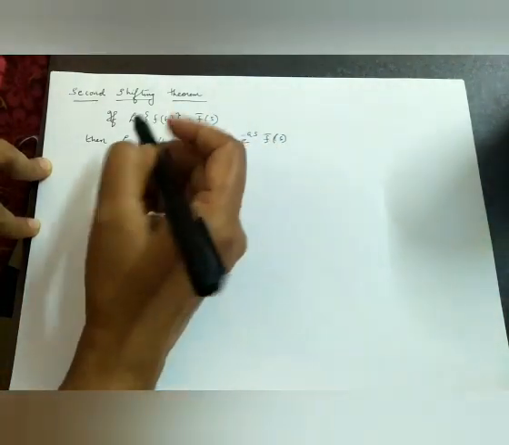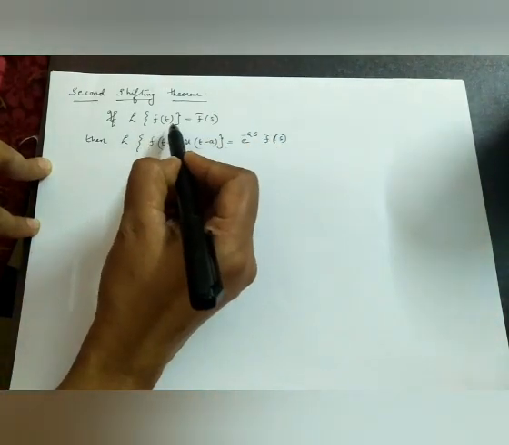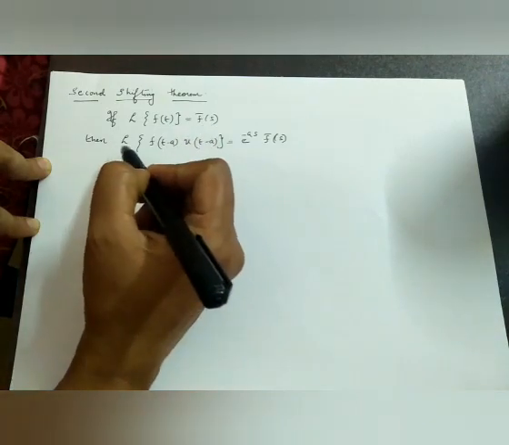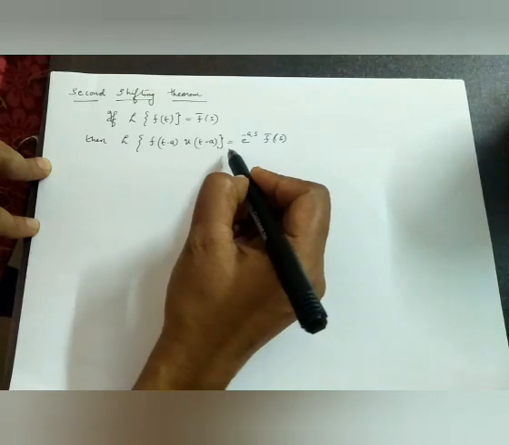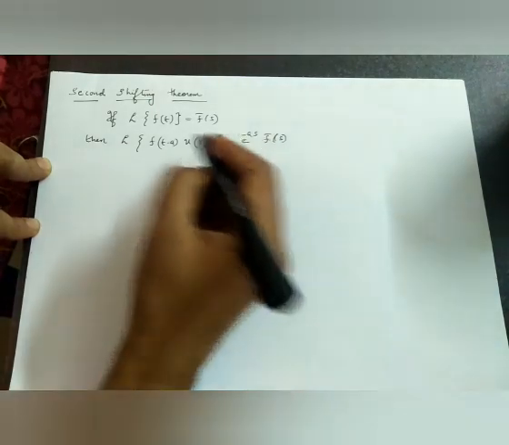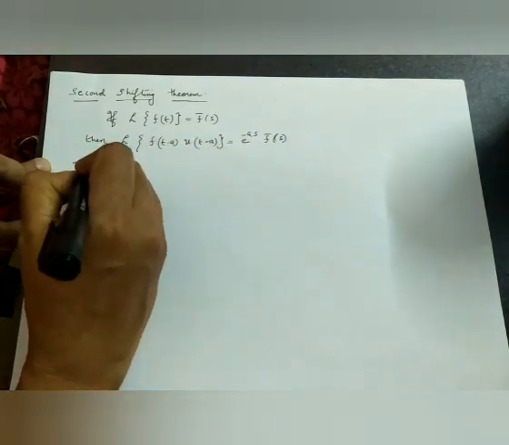That is, if the Laplace transform of f of t is equal to f bar s, then the Laplace transform of f of t minus a u of t minus a is equal to e raised to minus as f bar s. Next, the proof.